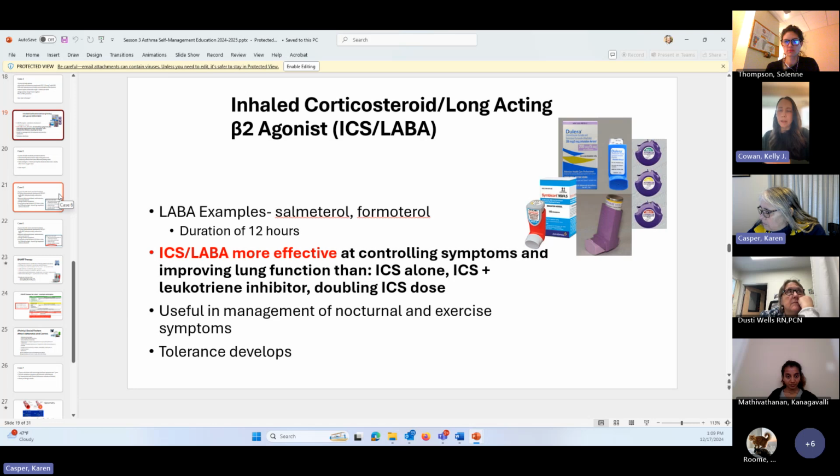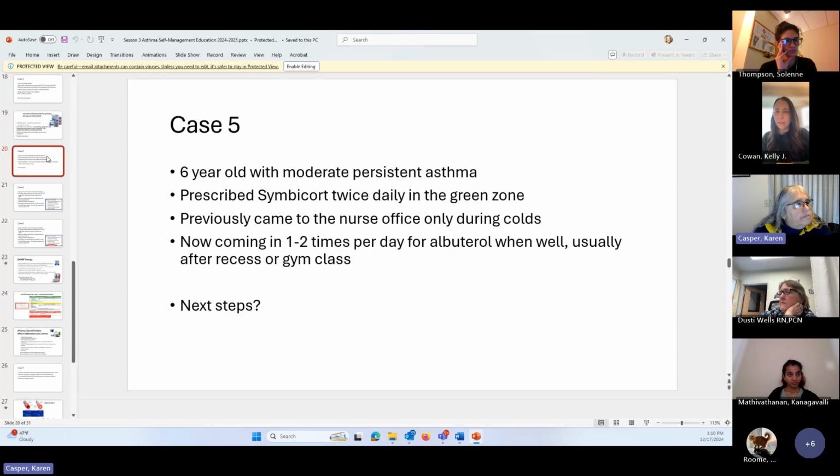The step-up therapy that tends to be most effective is something like Symbicort, Dulera, inhaled steroid with long-acting beta agonist. We really see this being effective in kids with frequent exercise symptoms, nighttime symptoms, and bringing the symptoms under good control. Next slide.